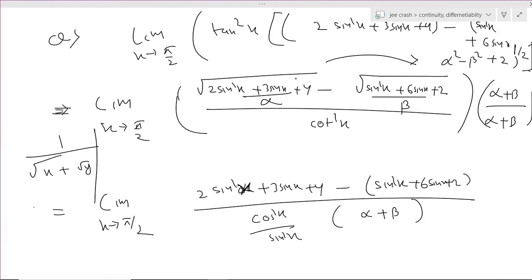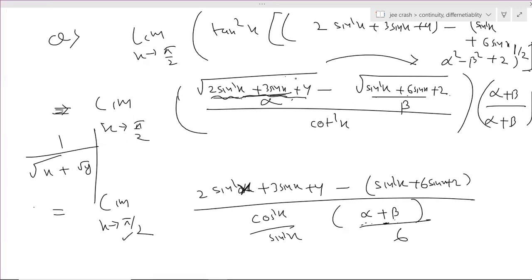So can anyone tell me the value of alpha plus beta? If in this quantity we put x equals pi by 2, this is 2 plus 3, 5, plus 4, 9. Under root 9 is 3. And we have plus here, so 3 plus 1 plus 6, 7, plus 2, 3. This is 6. Yes or no?